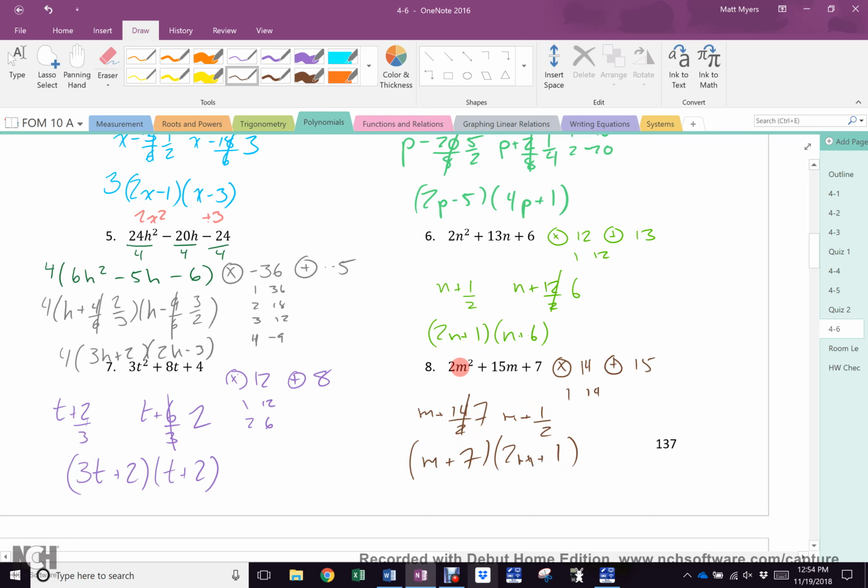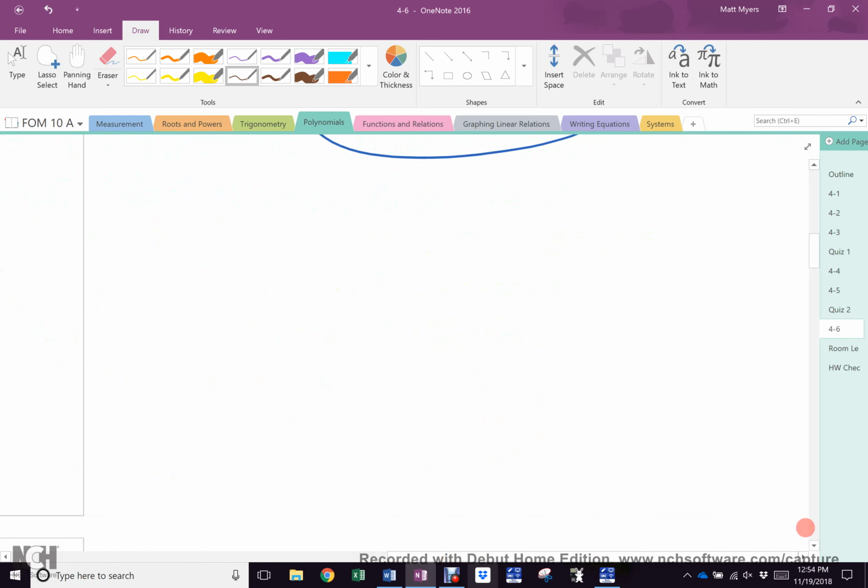Is m times 2m 2m squared? Is 7 times 1 7? If the ends are right, are the middle right? Yes. Does anything change now except for looks? No. I will remind you of a few things. If it is x squared plus blah, the answer is going to be what? It's going to be x plus, right?